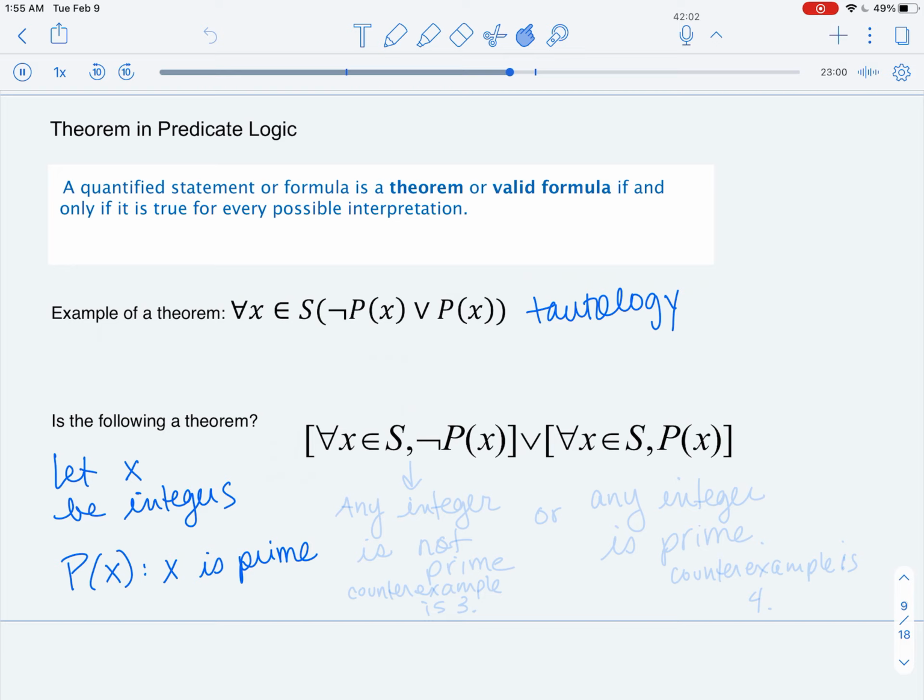But when we have this second statement, we have any integer is not prime, or any integer is prime.